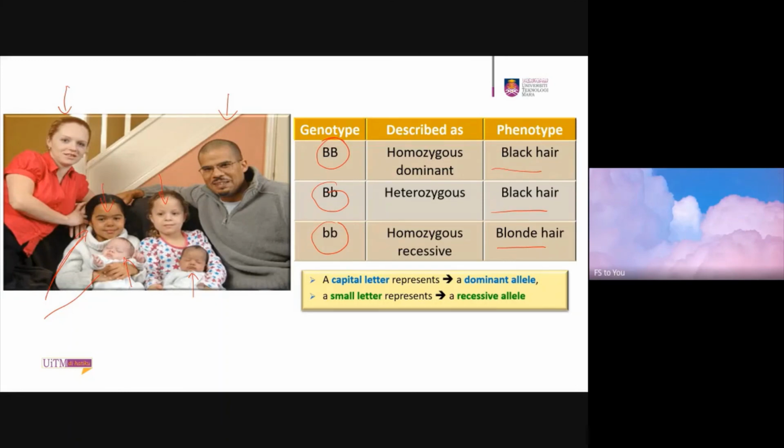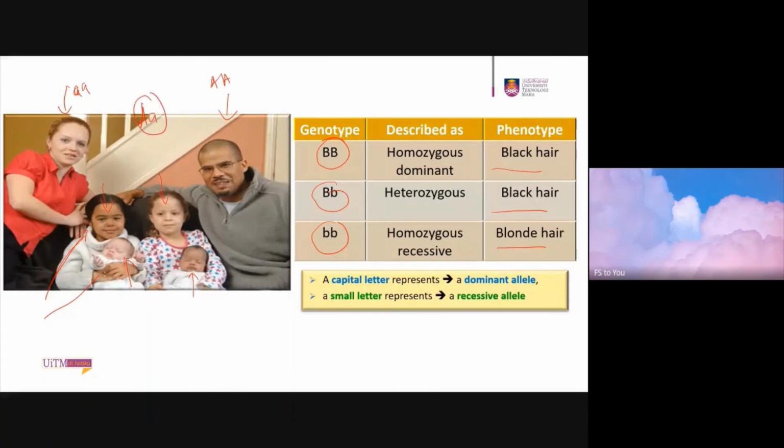Kenapa boleh jadi macam ni? Kalau ikutkan mak dia kulit cerah, kita bagi dia small a. Bapa dia capital A, hasilkan banyak pigment melanin. Anak dia sepatutnya sinilah.